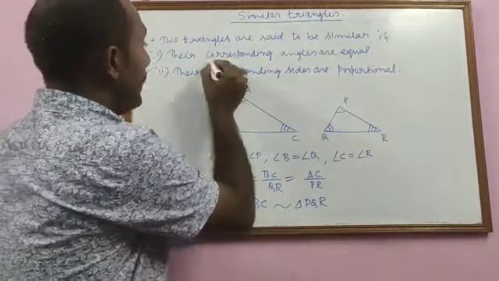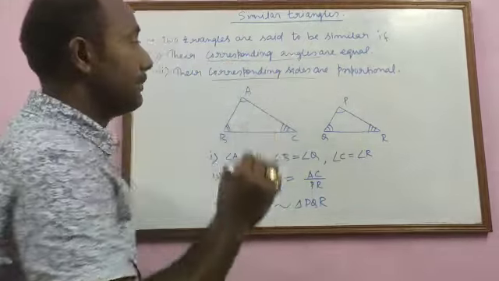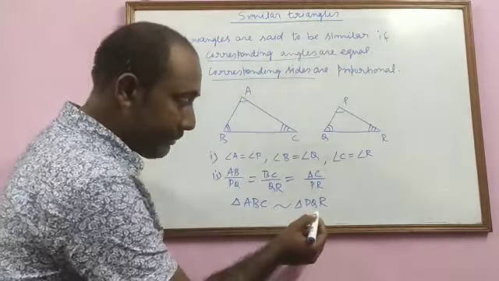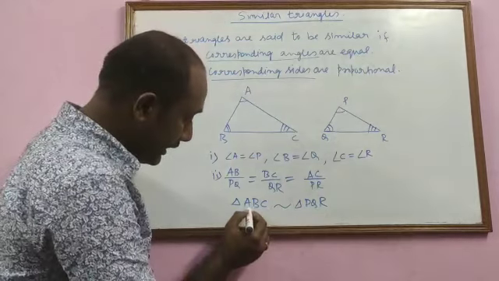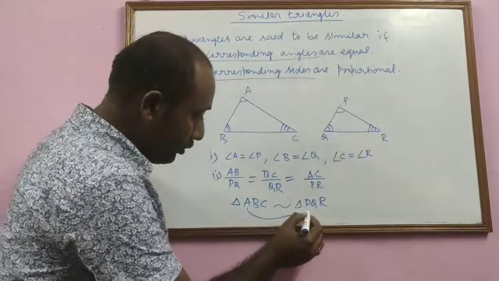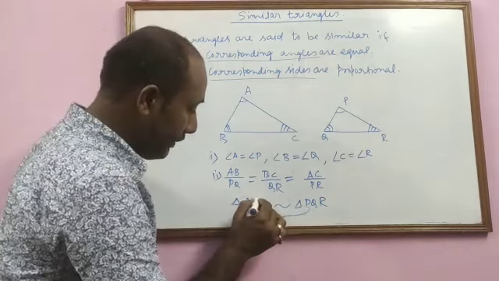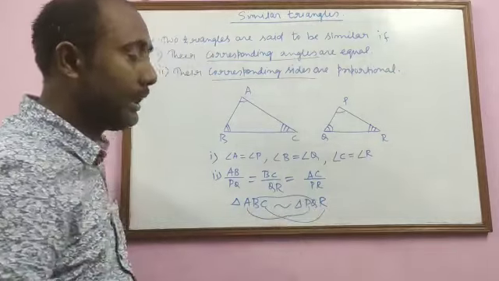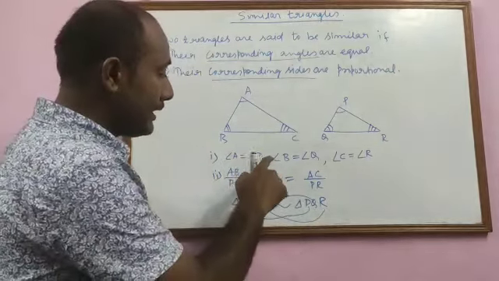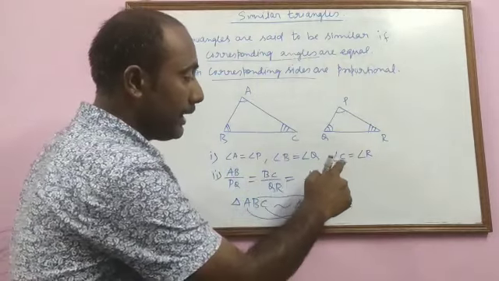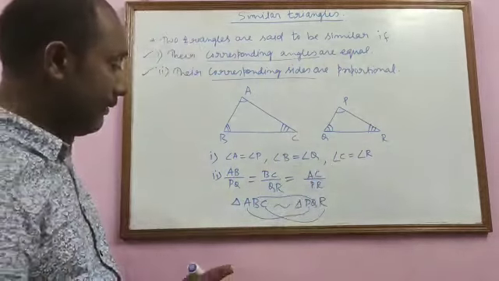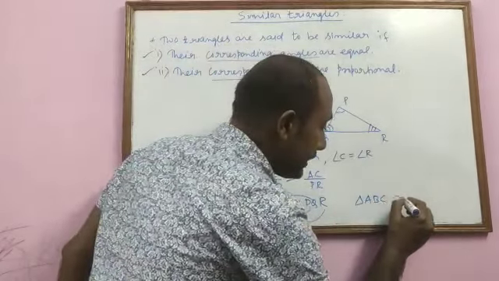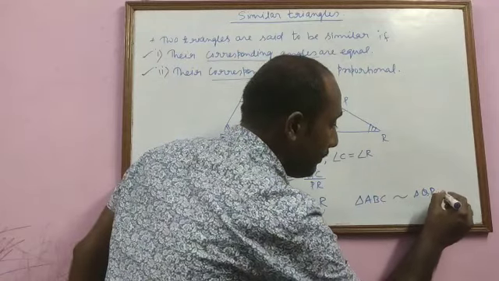Now, what is meant by corresponding sides and corresponding angles? Once we say triangle ABC is similar to triangle PQR, that means angle A is bound to be equal to angle P, angle B equal to angle Q, and angle C equal to angle R. If so, then we cannot write that triangle ABC is similar to triangle QRP.